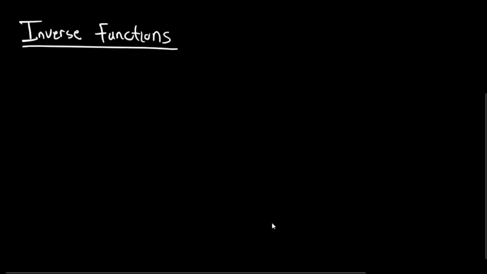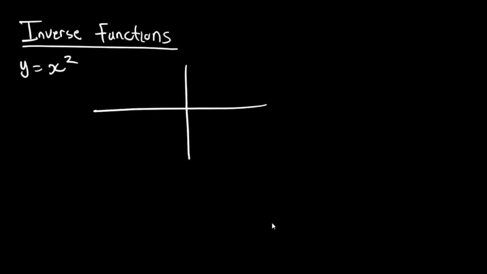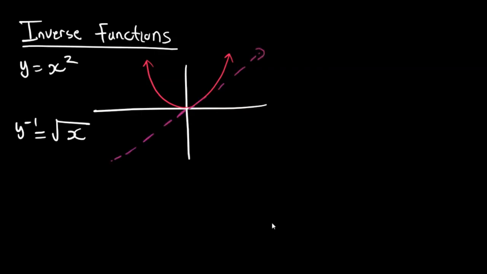Inverse function. Consider a function y is equal to x squared, which when you draw in a Cartesian plane, will look like this. Now, the inverse of this function is the root of x, which for you to draw it, you must first have the line y is equal to x, like this, y is equal to x.